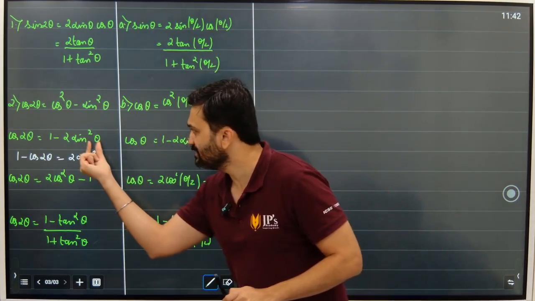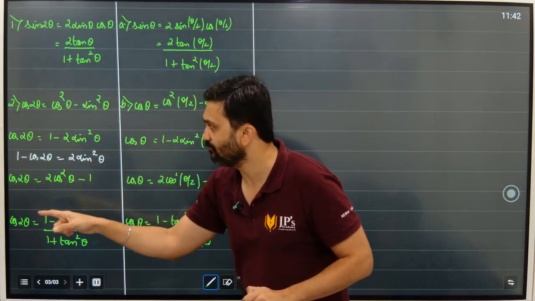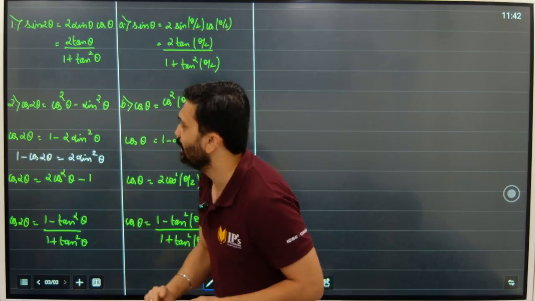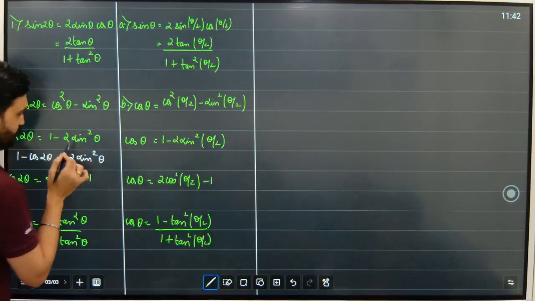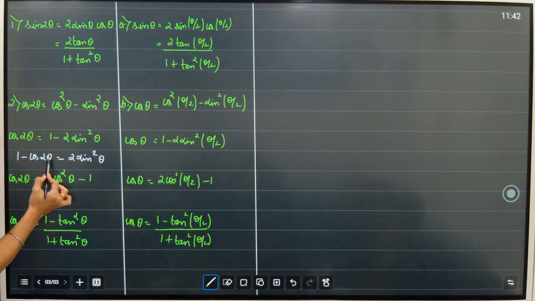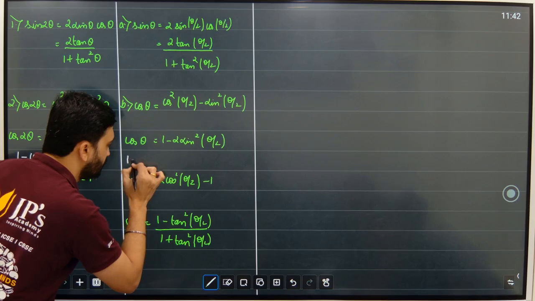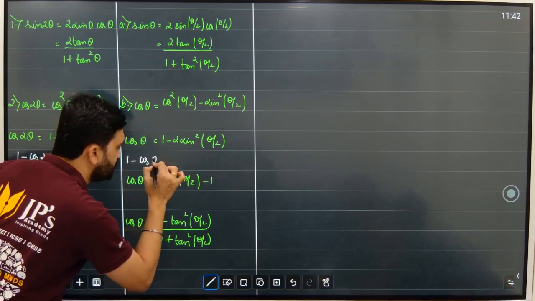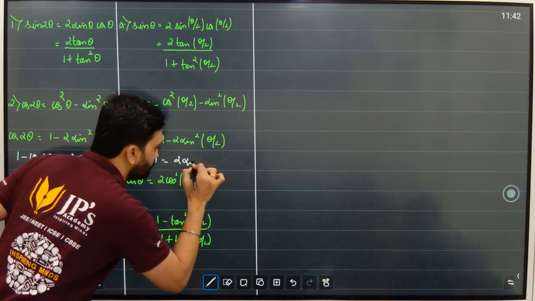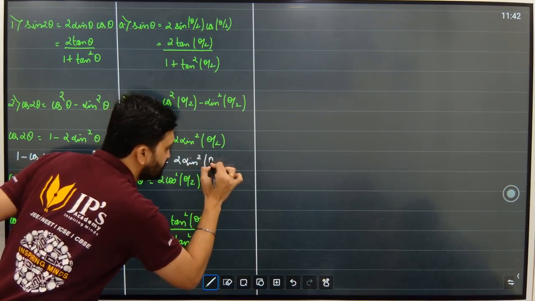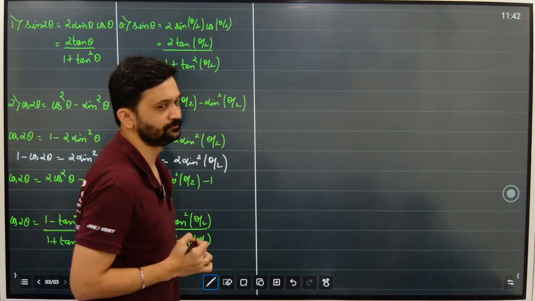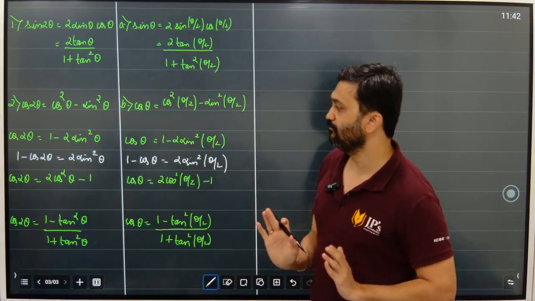I took 2 sin square theta, made it positive on the left hand side, and cos 2 theta I wrote it on the right hand side. Has everybody understood this? So 1 minus cos 2 theta is 2 sin square theta. In the same way, 1 minus cos theta is 2 sin square theta by 2. And this is the formula that we derived.